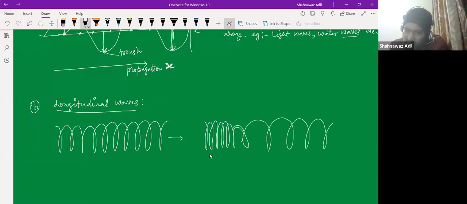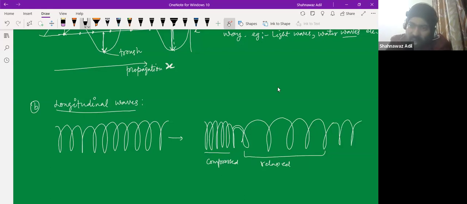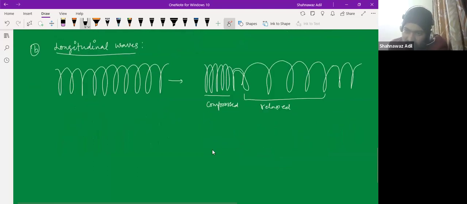So one part would be compressed, and the other part would be relaxed. So whenever the waves move in this way, one part is compressed, right? And then the other part is relaxed.